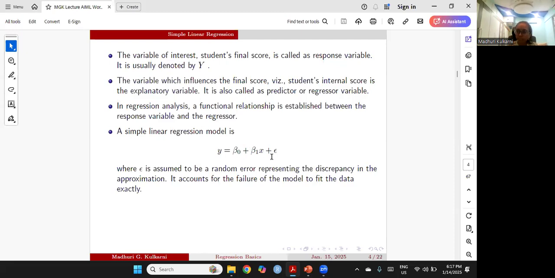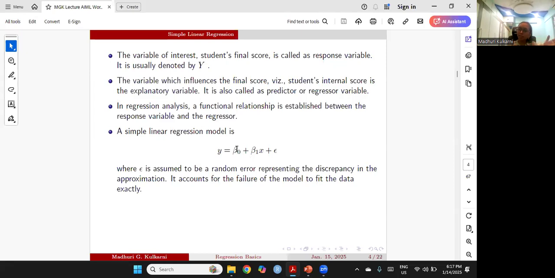So this is how it is written statistically. Y is equal to beta naught plus beta 1 x plus epsilon. This is just the equation of a line, which you might have studied in 10th standard. Y equal to a plus bx, where a is the intercept and b is the slope of the line.